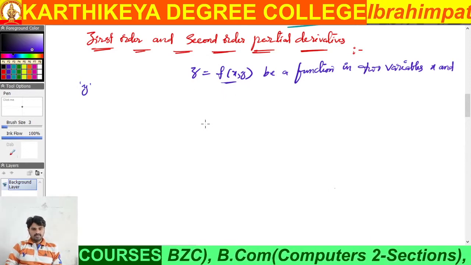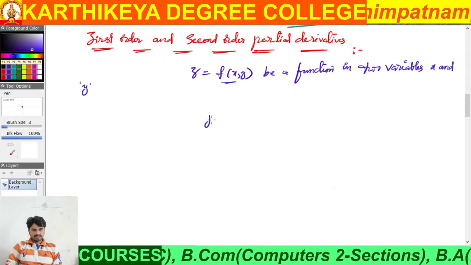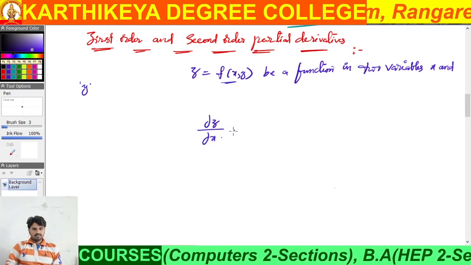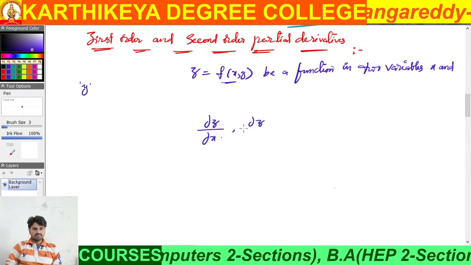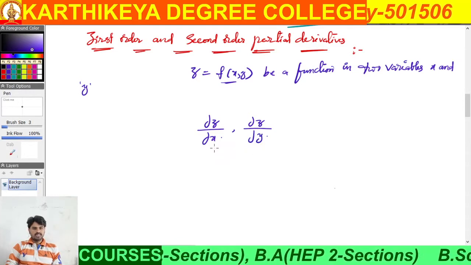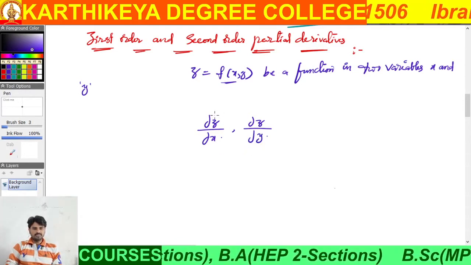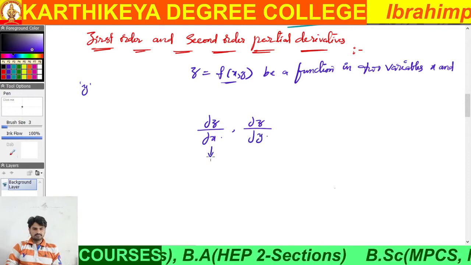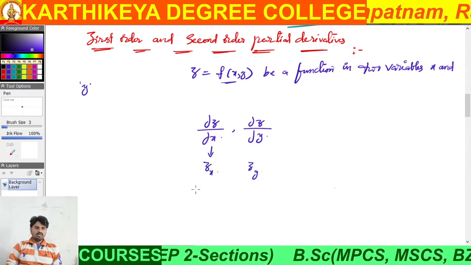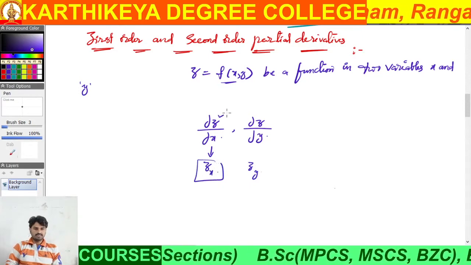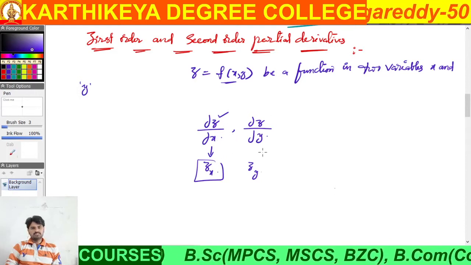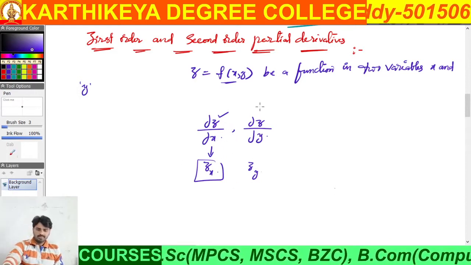Suppose you differentiate with respect to x for the function z, you will get dou z by dou x. Or if you want to differentiate this function with respect to y, partially, you get dou z by dou y. So they can also be written simply as z at x, z at y. So how many times have you differentiated z with either of the variables? Only one time.